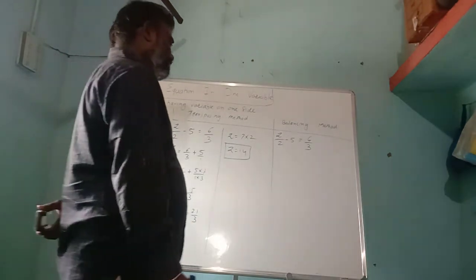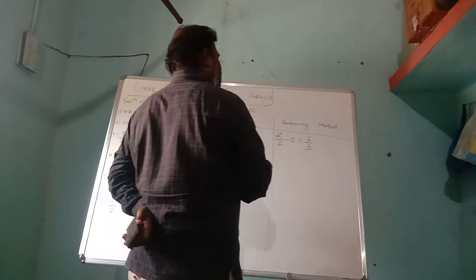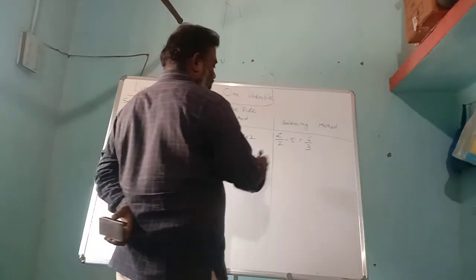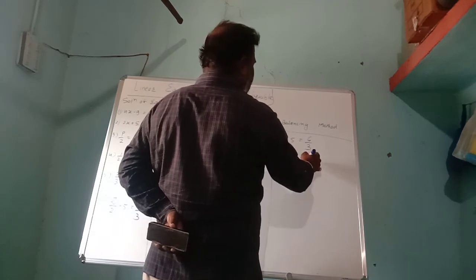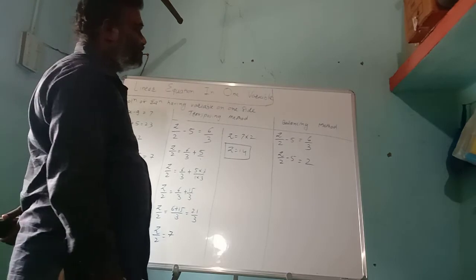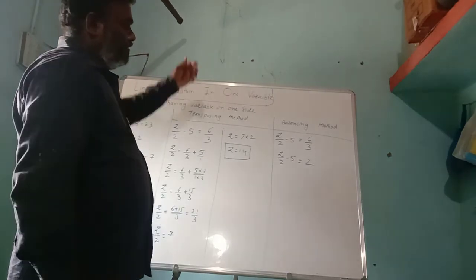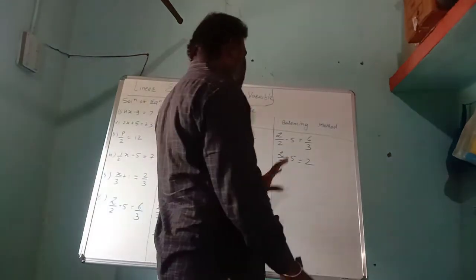Okay. Now, calculating the same problem by the balancing method, first of all, z by 2 minus 5 equal to 6 by 3. 6 by 3 is nothing but 2. Here also we can put 6 by 3 as 2, but no problem, we can calculate by this also.